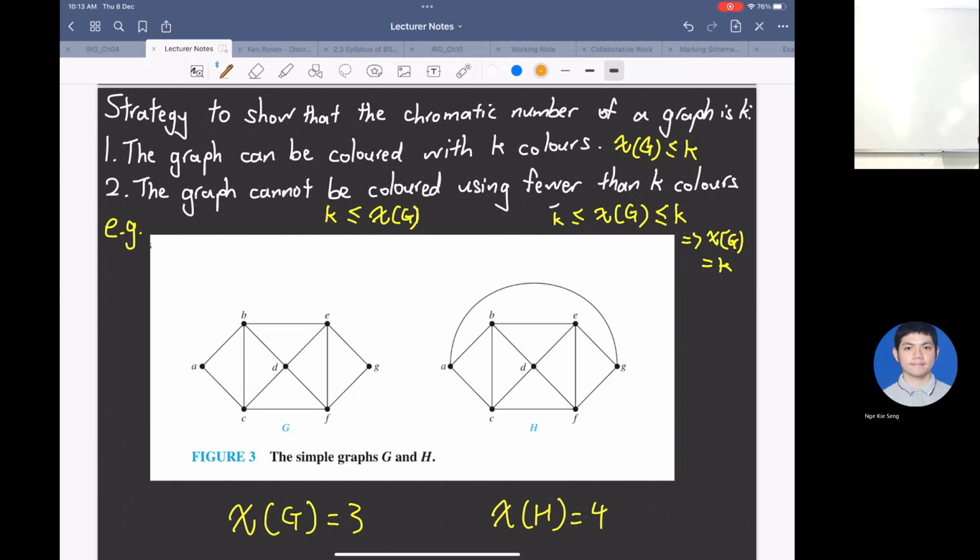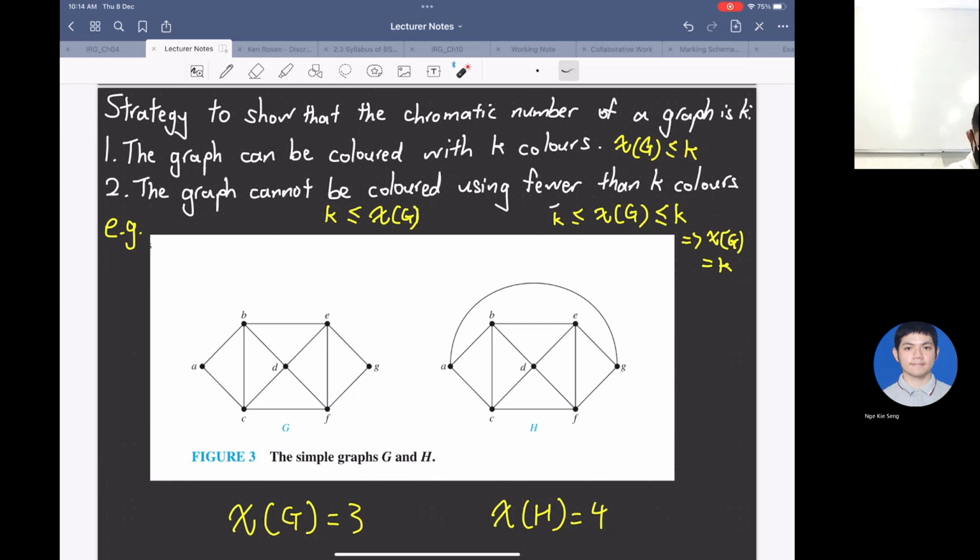This means your chromatic number is less than or equal to k, because the chromatic number is the least number you need, but you already colored your graph with k colors. Then you need to show that the chromatic number is greater than or equal to k, meaning the graph cannot be colored using fewer than k colors. Altogether, k is greater or equal to the chromatic number and the chromatic number is greater or equal to k, which implies the chromatic number has to be k. So this is the strategy. I will show you how to use it.